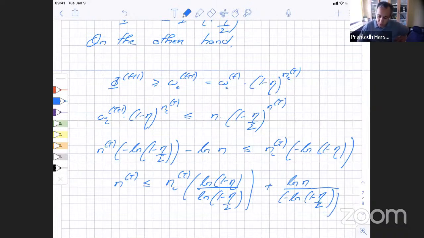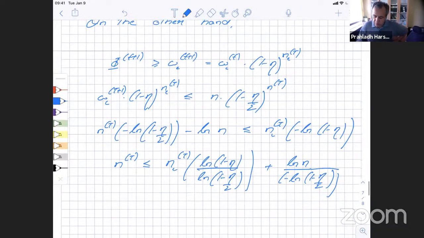And the whole point of doing this was previously we had ln of half by ln of 3/4. We want this ratio to be as close to 1 as possible. The 2.4 basically came because this was ln half and this was ln 3/4, and that gave you the 2.4. Now, if you choose eta to be small enough, these both look the same. This is going to become a number close to 1.